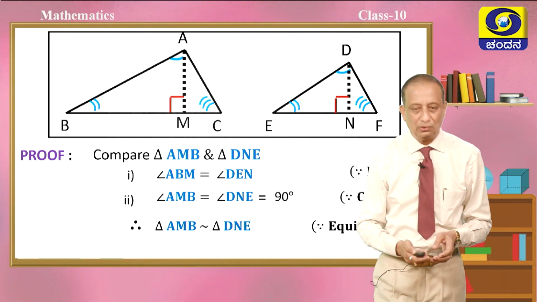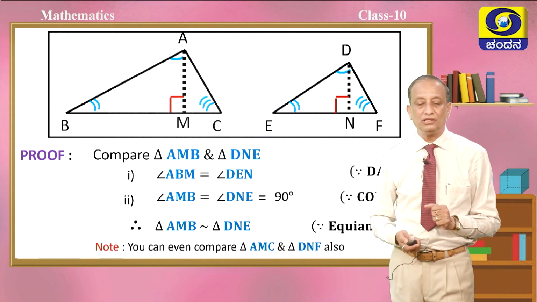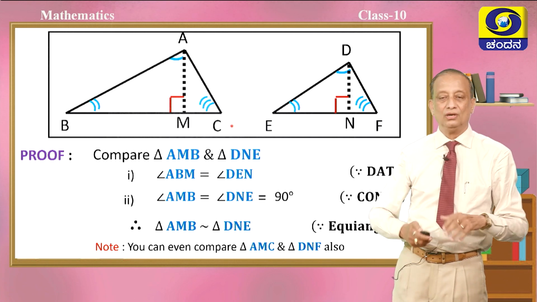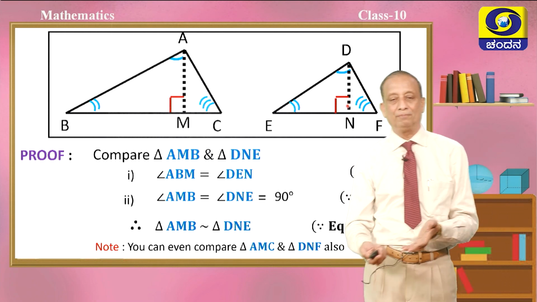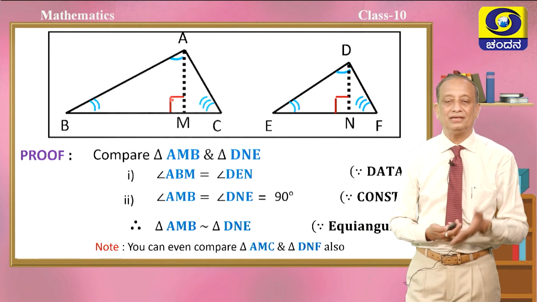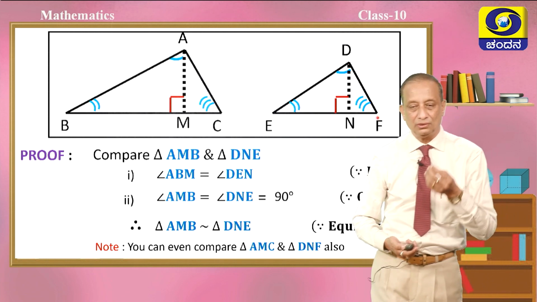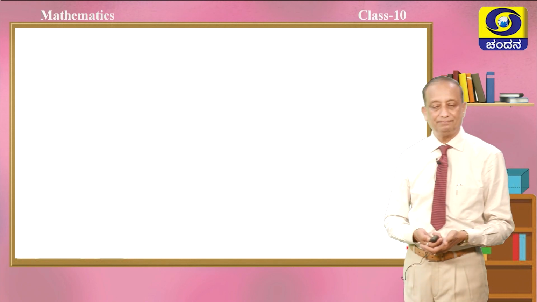But children, note here, you would have taken right angle triangle AMC also and compared with right angle triangle DNF. So, while writing the proof at home next time, you compare right angle triangle AMC and right angle triangle DNF also. This is one more opportunity for you to practice.